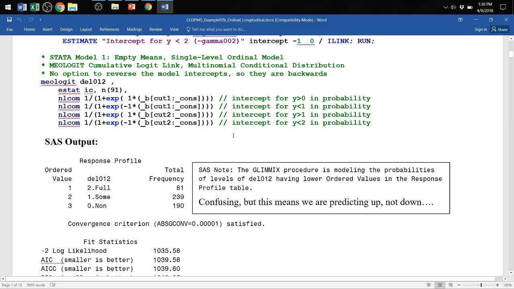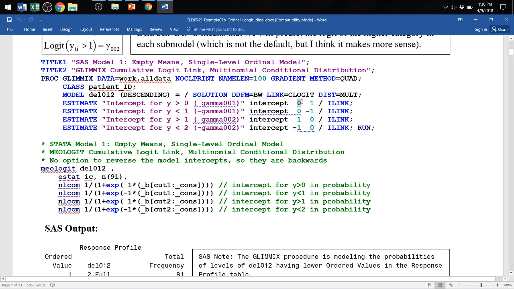So the first 0 in my estimate statement refers to that intercept. Even though it's the second threshold, the second split, the second submodel, it shows up first. Job security, folks. But the good news is that you can always run these sorts of empty models and figure out what's what before you start adding anything that's going to make it more complicated.